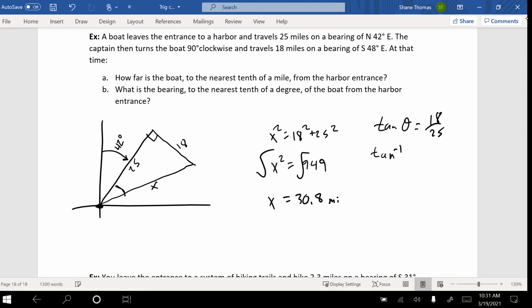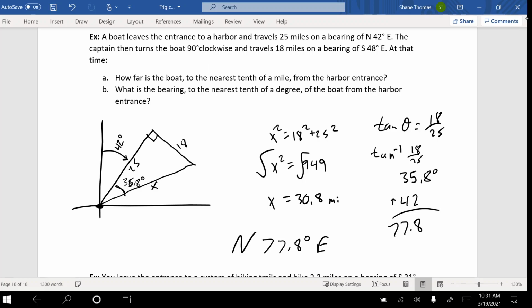So the inverse tangent of 18 over 25, punch that in, I get 35.8 degrees. So this is 35.8 degrees right there. Now, my bearing has to be off of north. So I just add these two together, 42 plus 35.8, and I get 77.8. Therefore, my bearing would be north 77.8 degrees east.